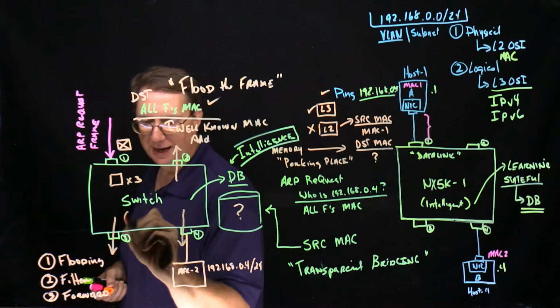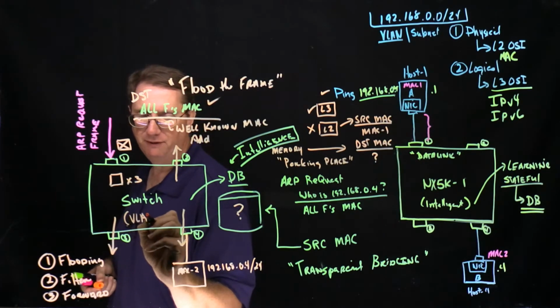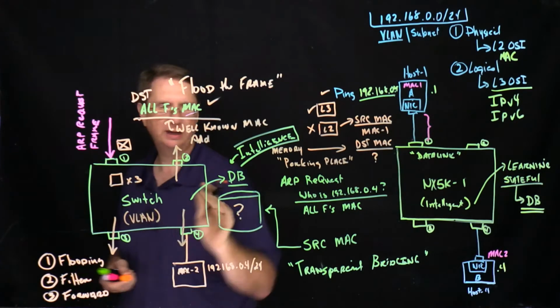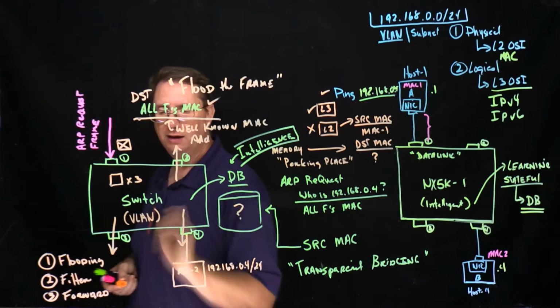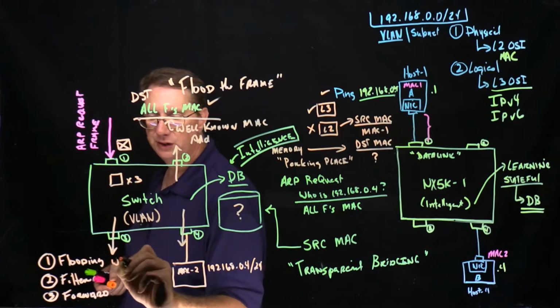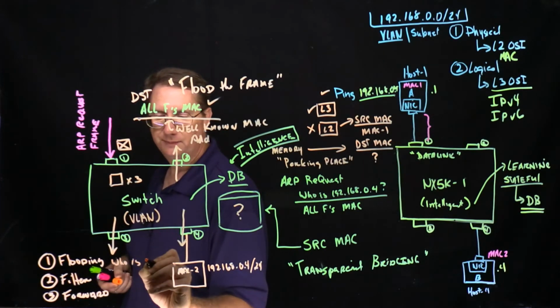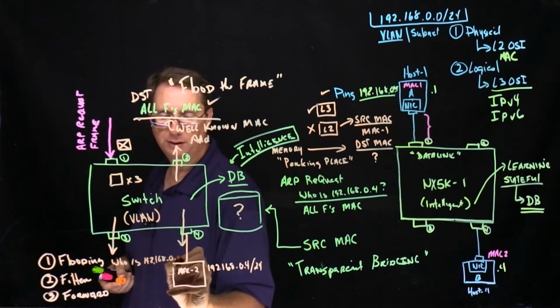And just for clarity's sake, I'm going to send it out every port that is in the same VLAN. We'll get into VLANs later on in our conversations. But understand that I'm going to flood this ARP request, which remember is who is 192.168.0.4?